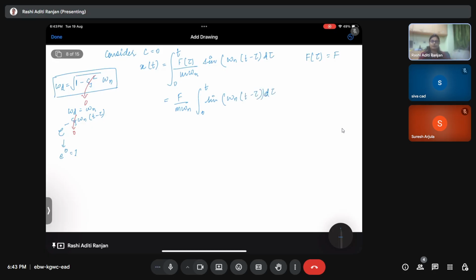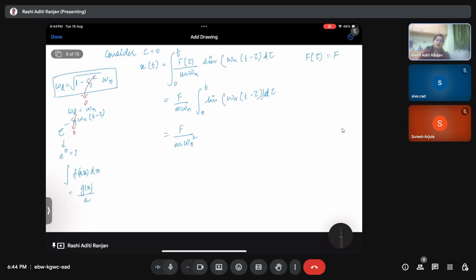d tau. Okay. So we have the integration of sine theta as nothing but minus cos theta, because the differentiation of cos theta is minus sine theta, so integration of sine theta leads to minus cos theta. So now we have the integration as f by m omega n square, omega n square, because if we have any integration of the form, let us say, integration of f of ax dx, and the integration of f of x with respect to dx is g of x, we get g of ax divided by a.